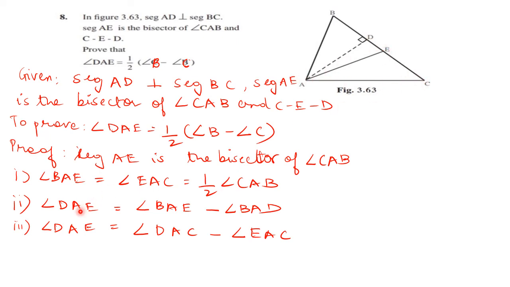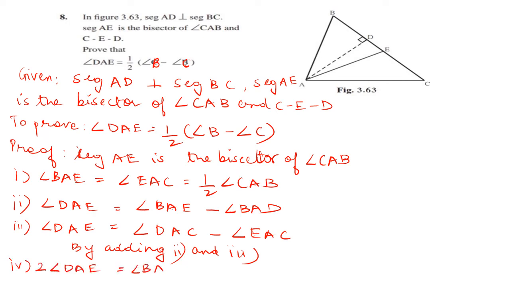Okay, so now both these sides are equal, so we'll just add them. By adding these equations 2 and 3, we'll get twice angle DAE is equal to angle BAE minus angle BAD plus angle DAC minus angle EAC.